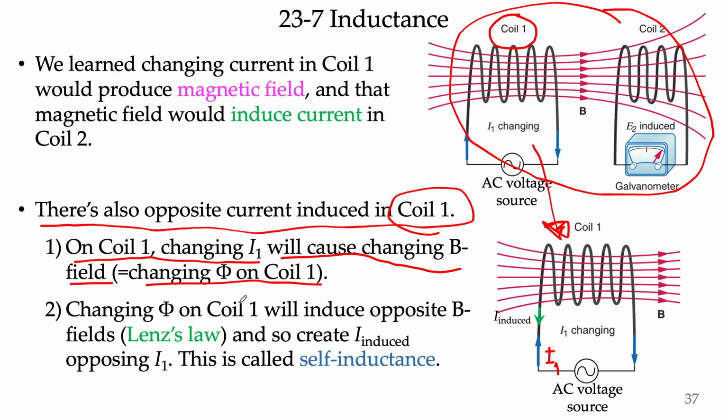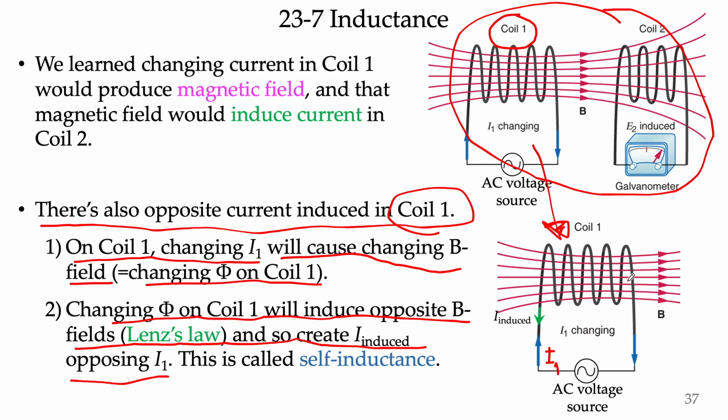So what happens if the flux is changing? Now, changing flux on coil 1 will induce opposite magnetic fields. That's basically Lenz's law. And so it creates an induced current opposing the change in I1. Remember, I1 is coming from the voltage source, and it will create changing magnetic fields.